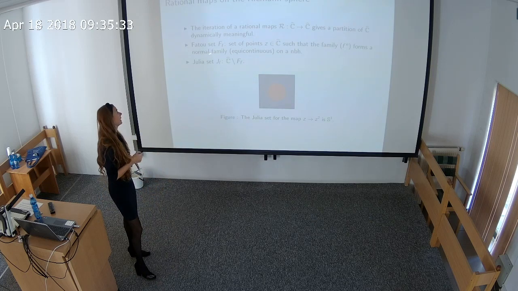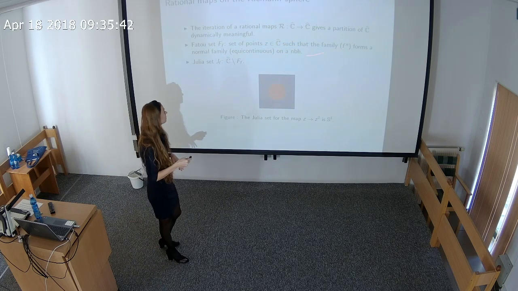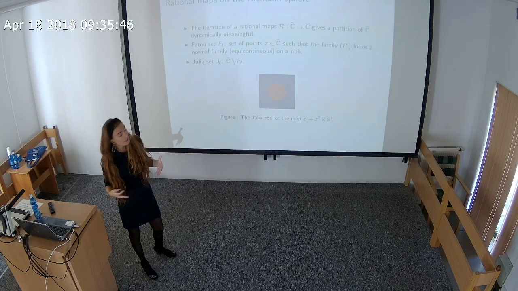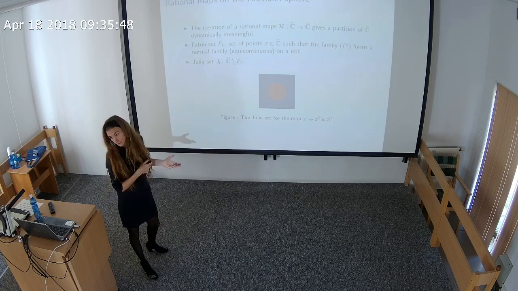You can define the Fatou set as the set of points where in a neighborhood of which the family of iterates forms a normal family. And the Julia set is its complement.